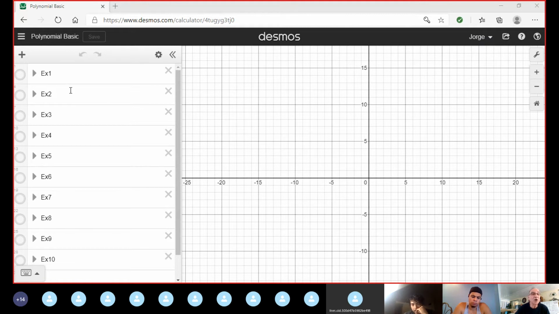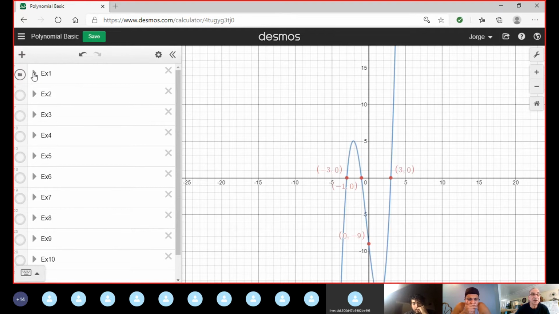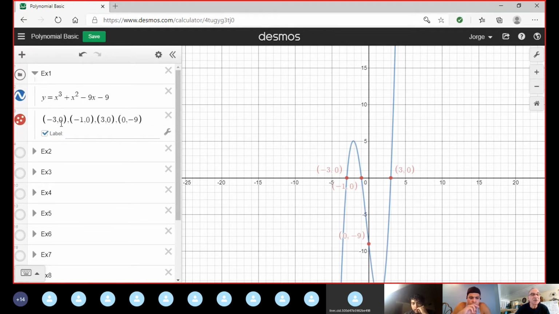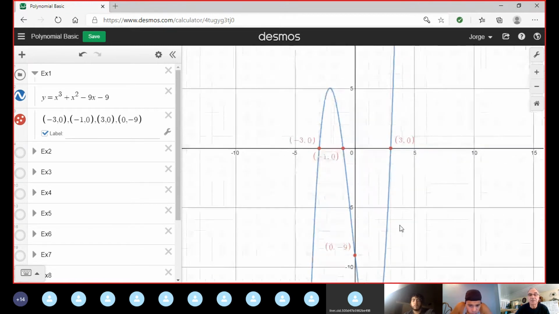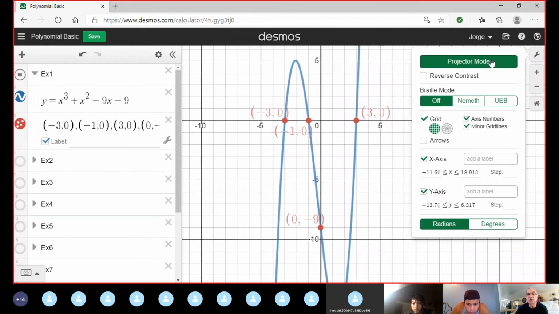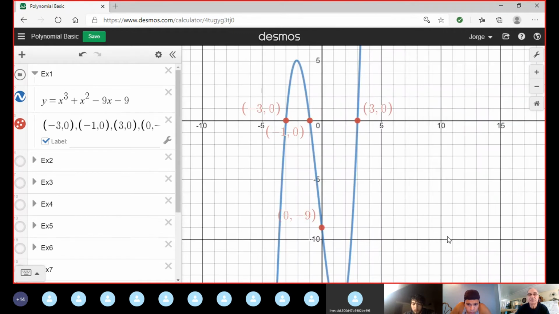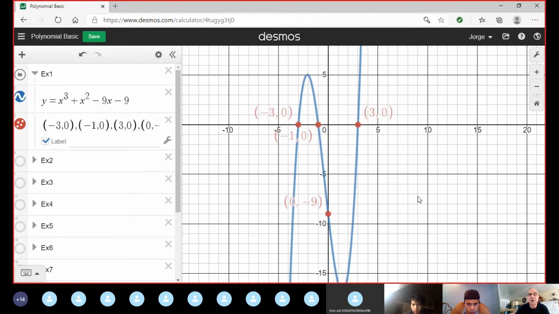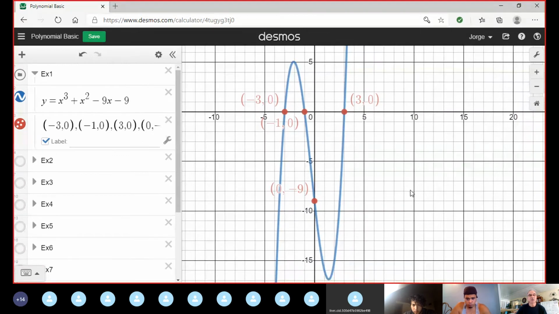Suppose example number one that we are doing today. Look at that: the function is x cubed plus x squared, and the graph looks like that. Let me switch to projector mode to see much better, more elegant. You see clearly, I put a graph.